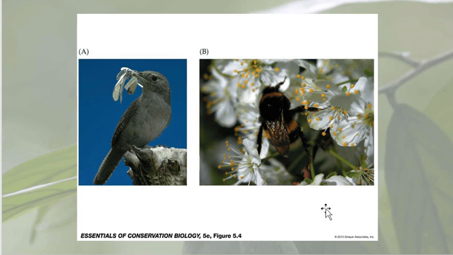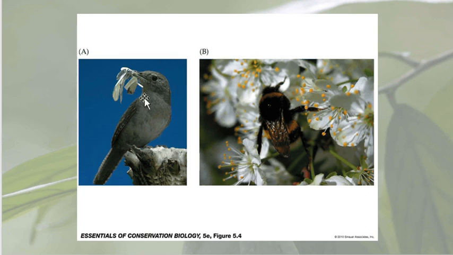Here are some pictures of some of the services which biodiversity provides. This is natural pollination. You've got the bee, you've got the pollen, pollination. This one is the services that predators provide in controlling pests of crops. So this bird is eating a butterfly, which would lay caterpillars, which would eat the leaves of some crop plants.